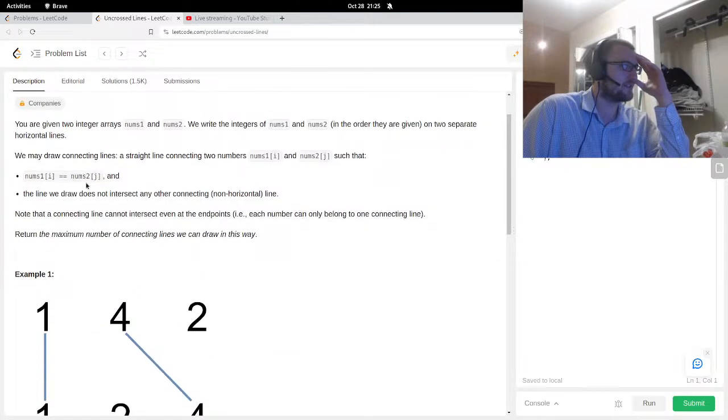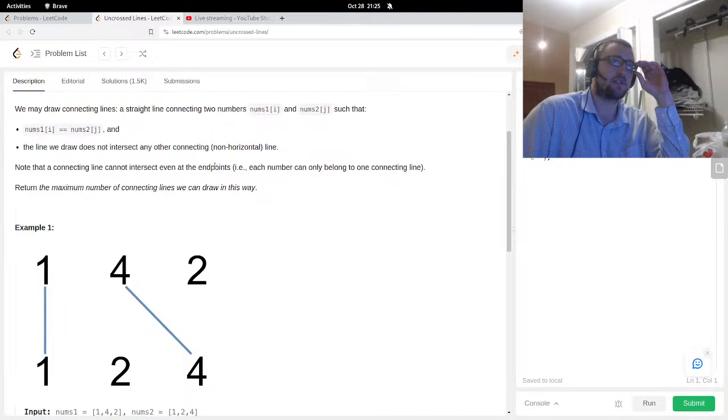Okay. Alright, the lines have to be equal to each other. Cannot intersect any other connecting non-horizontal line. A connecting line cannot intersect even at the endpoints. Each number can only belong to one connecting line. Maximum number of connecting lines we can draw this way.